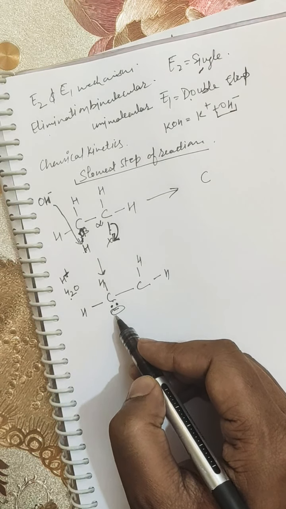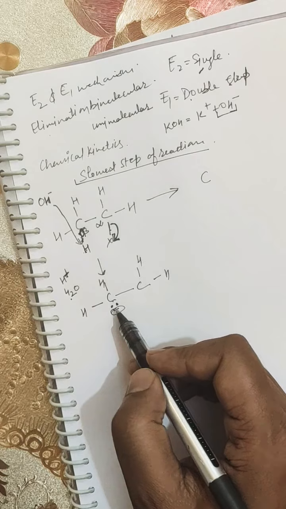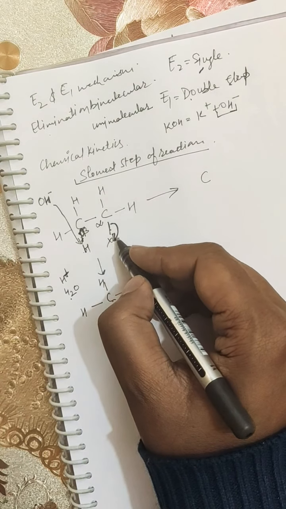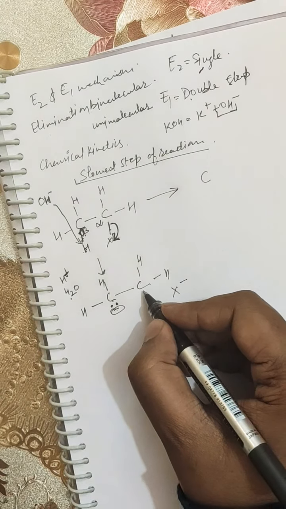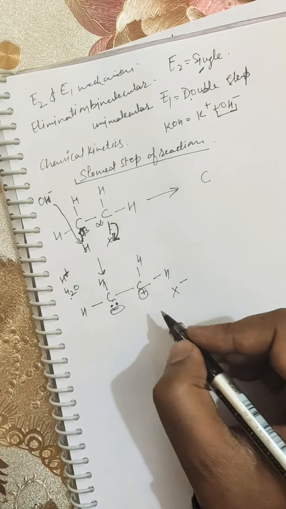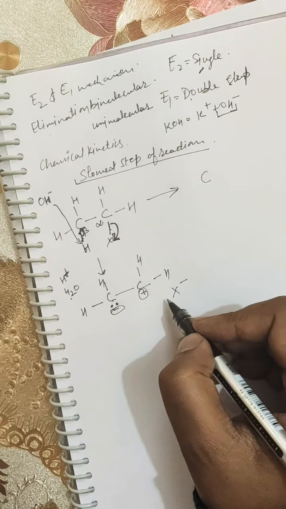Whereas this halide ion also leaves the alpha carbon, resulting in electron deficiency. Here electron deficiency results in a positive charge on this carbon.